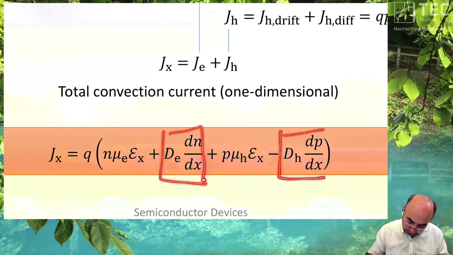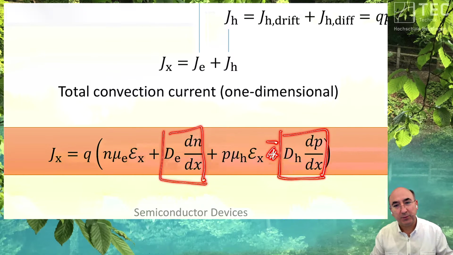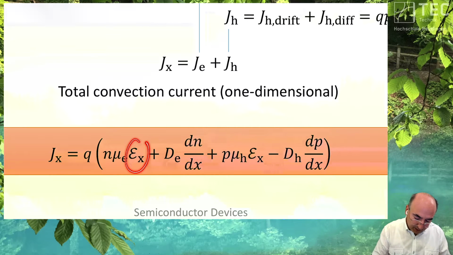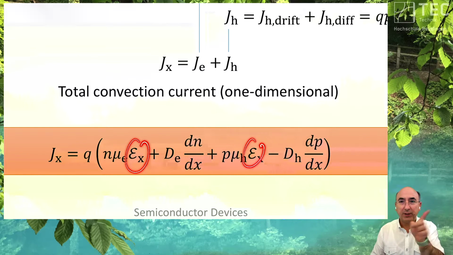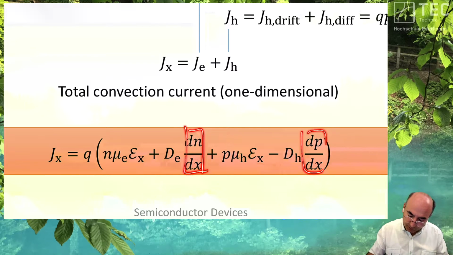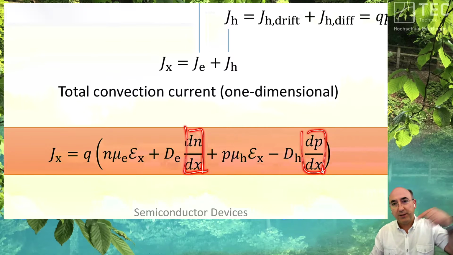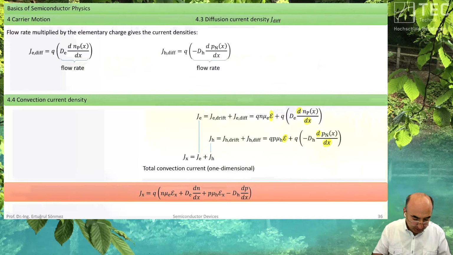Just together with the sign, you have the current. So which particle is moving? Here the engine defines the counter directions, but the gradient doesn't define anything. If the gradient is this way, the particles move this way. That's all. Okay, so we now have the convection current density in this equation. We take it with us to the next slides.